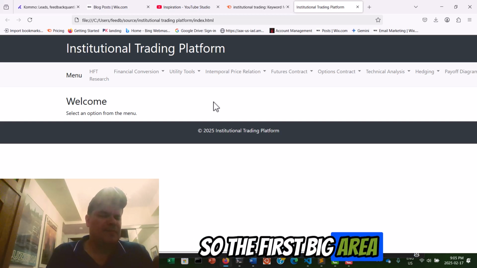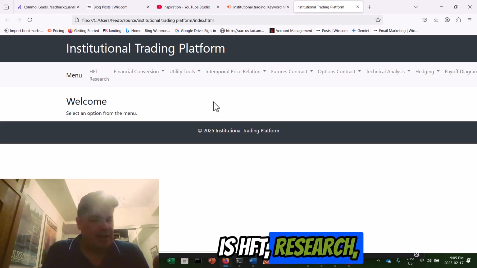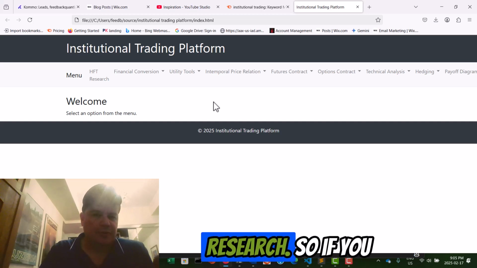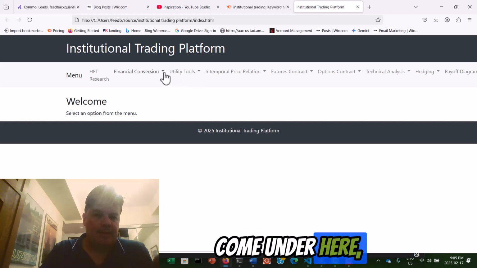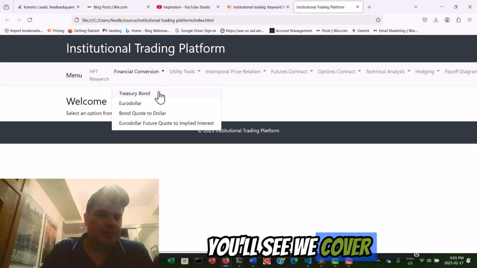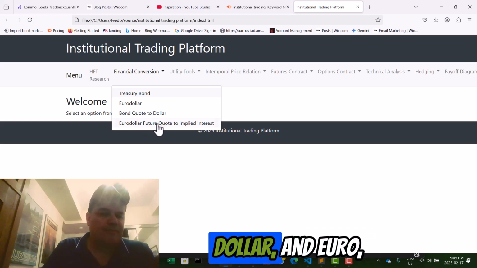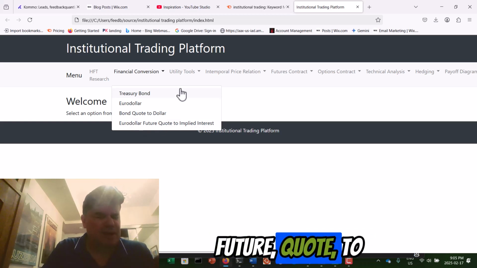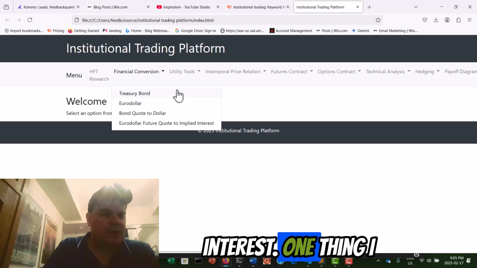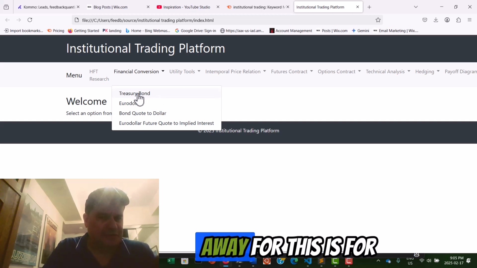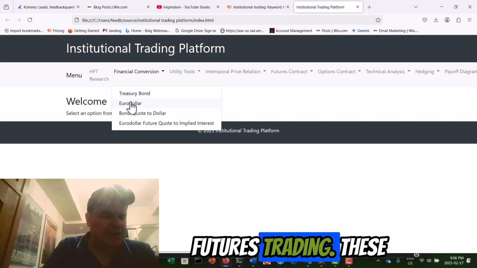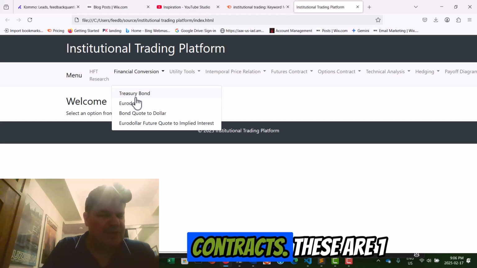So the first big area is HFT research, trading idea research. If you come under here, you'll see we cover things like treasury bond, Eurodollar, bond quote to dollar, and euro future quote to implied interest. One thing I want you to take away from this is that for futures trading, these are not small contracts.